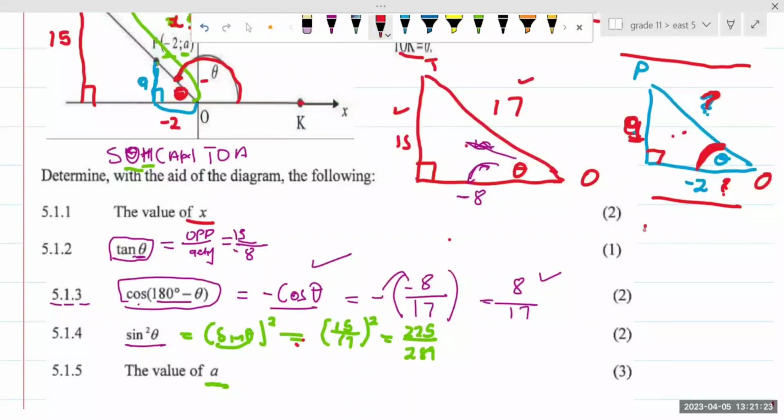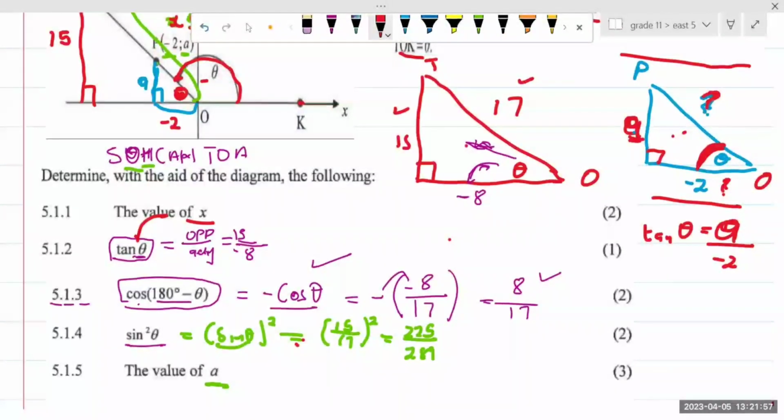So I'll say the tan of theta using the smaller triangle is going to be given by opposite all over the adjacent. What is opposite in the small triangle? It's A. And what is adjacent in the small triangle? -2. But look at this, I know what tan of theta is from the bigger triangle.